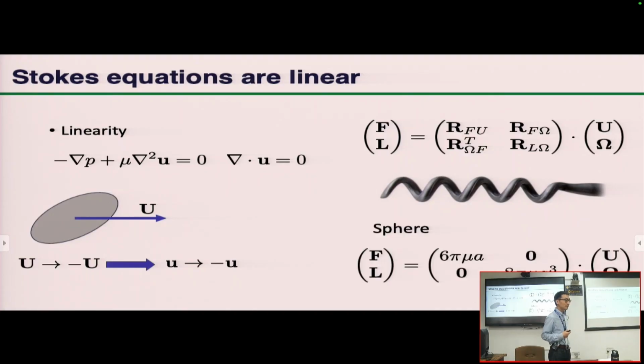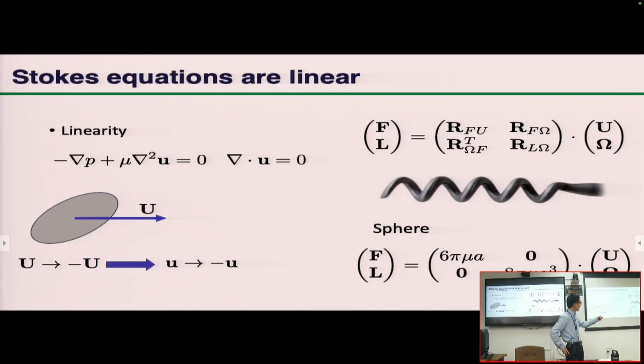For a sphere, it's isotropic. If you apply a force on a sphere, it's not going to rotate, which means these terms are going to be 0, and these are isotropic. That's the Stokes drag, and that's the Stokes drag in the angular degree of freedom, so that's the torque you get by rotating with an angular velocity omega.